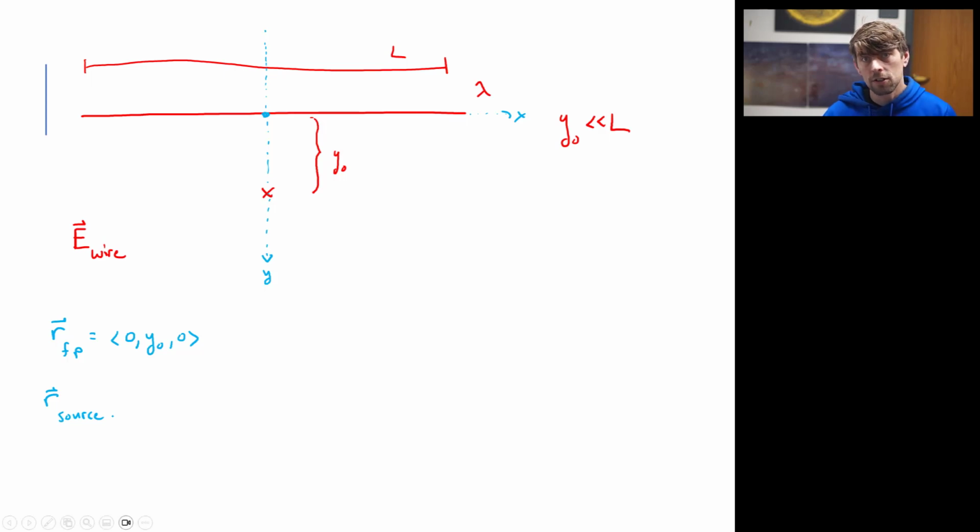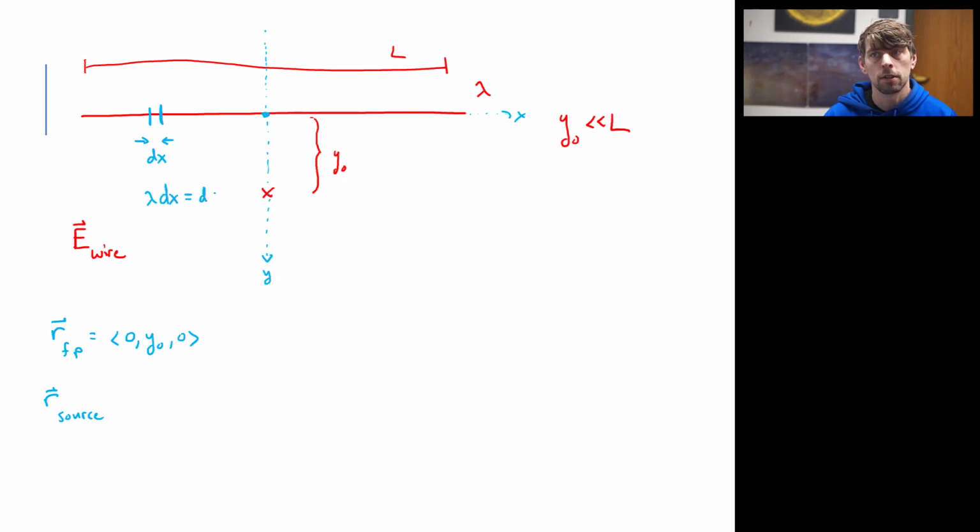Now, from our discussions about continuous distributions, we know that we can take this distribution and chunk it up into tiny segments, each segment having a width of dx. And because I will assume a uniform charge density for this problem, the charge contained in that tiny segment is simply the charge density times the width of the segment.